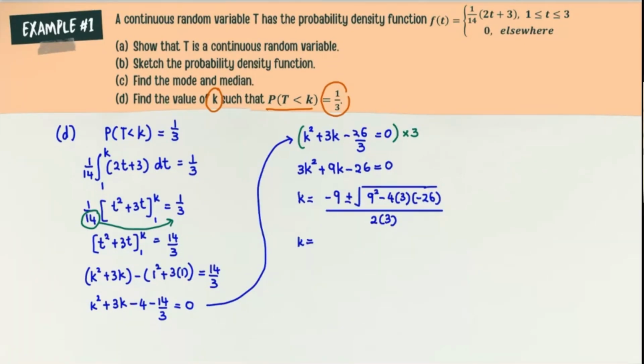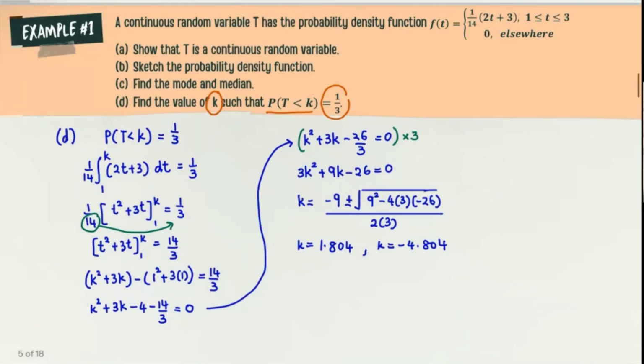So I get k sebagai 1.804 and the other one adalah negative 4.804. And same goes to our previous answer.